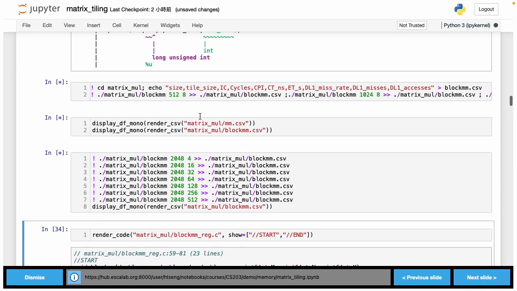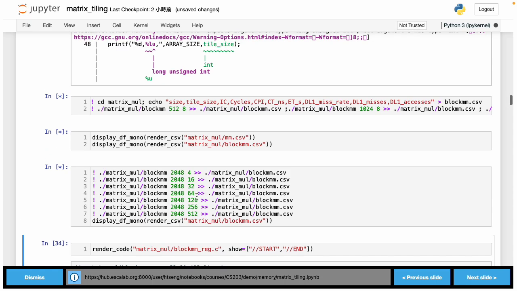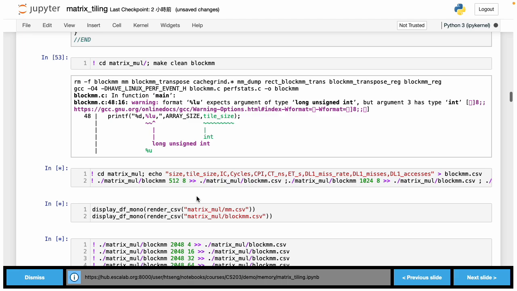In the very beginning, I'm going to try several different sizes, so you will see it really improves compared against the baseline, which is the MM. Then I'm going to use various block sizes to see if 8 is the best choice. This is the set of demos that I'm going to run, and let's see how effective the blocking or tiling algorithm is.